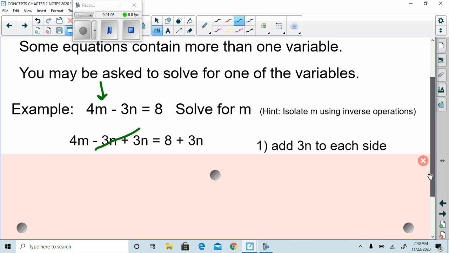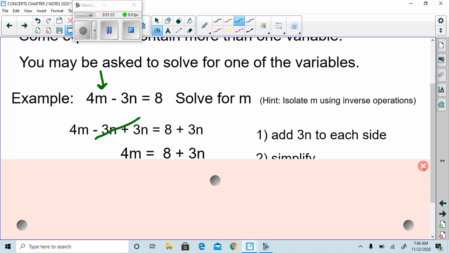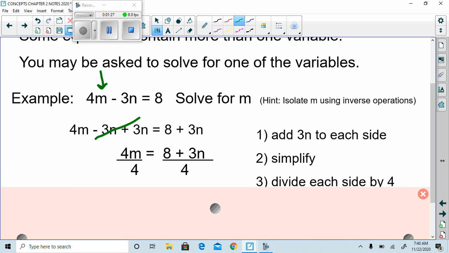And then I find myself with 4m is equal to 3n plus 8. Now, 8 and 3n cannot be combined because they're not like terms. It just becomes an expression. One last thing to isolate m, let's divide both sides by 4.